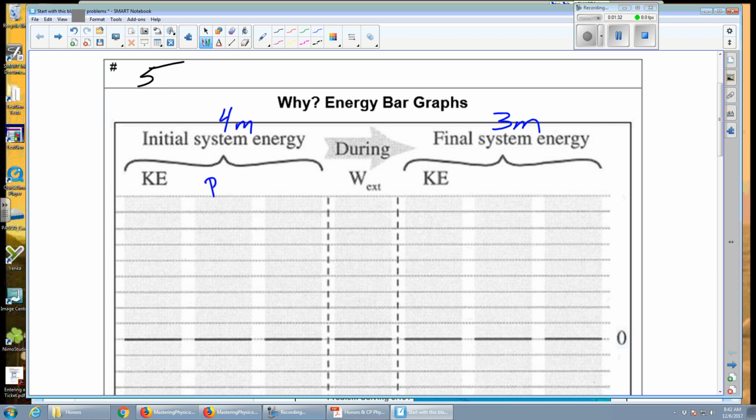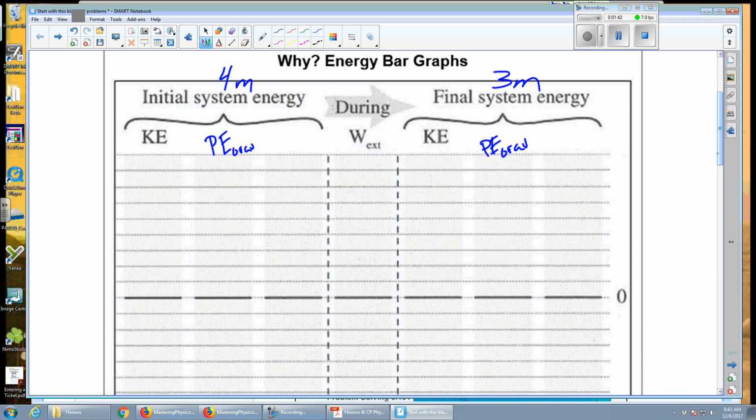So I know there's going to be a PE graph, so I add that to both sides. And at the beginning I said it wasn't moving, so no kinetic energy. It's going to have a bunch of PE graph, though. In fact, I'm going to give it 8 bars of it.